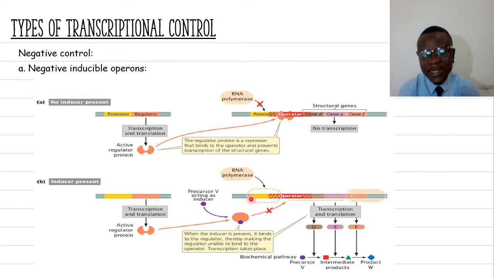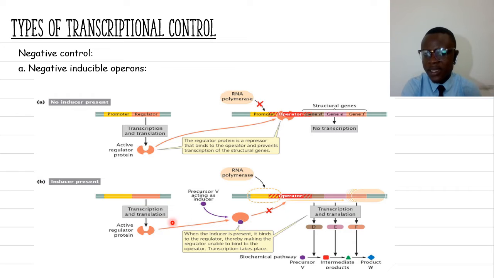So this is a negative inducible control. Like I said, on negative control, what happens? A negative control usually turns off transcription in the presence of the regulatory protein. But whenever you have an inducer, what happens?